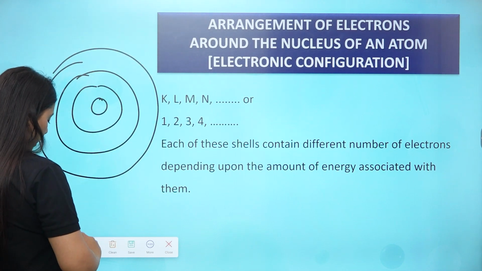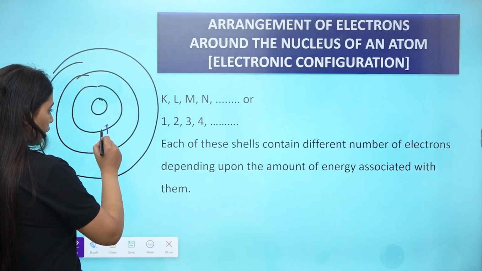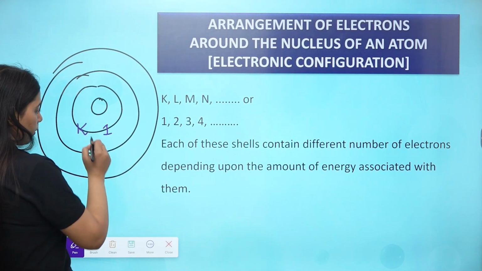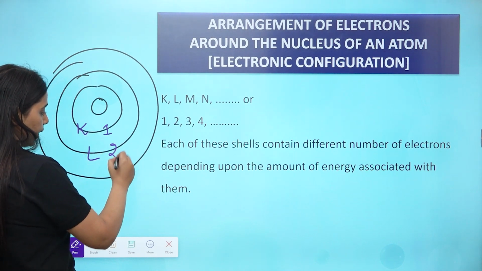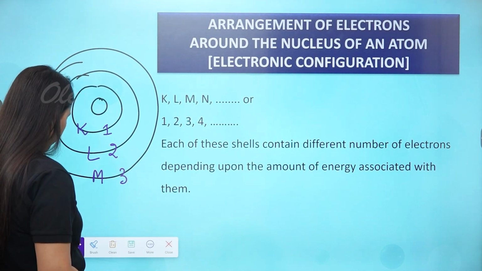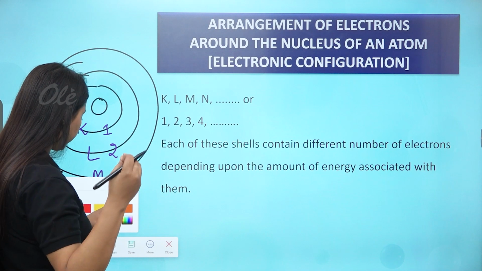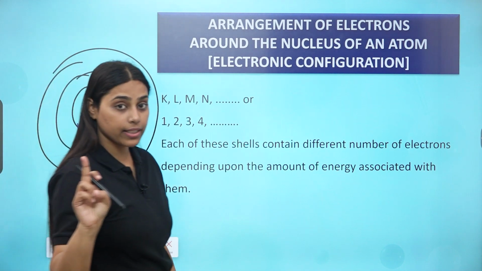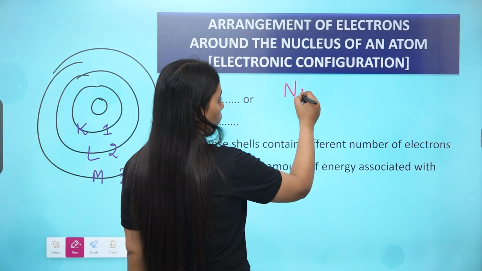For example, we know this is the first shell or the K shell. This is the L shell or the second shell, and this is the M shell, the third shell. There was one scientist we learned about in our previous session, Niels Bohr.